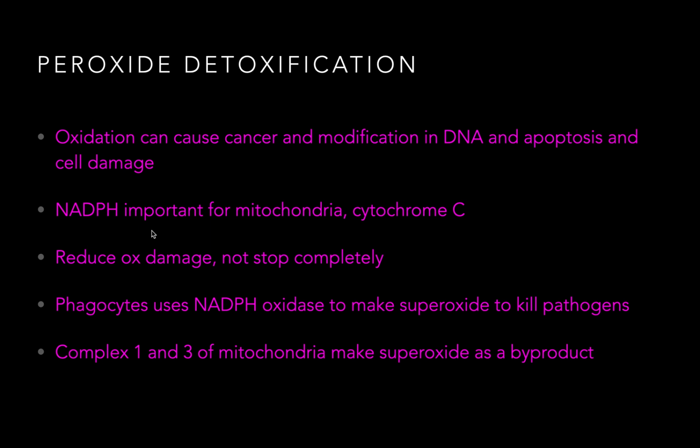NADPH is important for the mitochondria and cytochrome C, and the body plays a role in reducing oxidative damage, not stopping it completely, because we do need some oxidants, such as in phagocytes. Phagocytes use NADPH oxidase to create superoxides in order to kill pathogens or defective cells. Complex 1 and 3 of the mitochondria, if you recall the ETC, make superoxide as a byproduct.